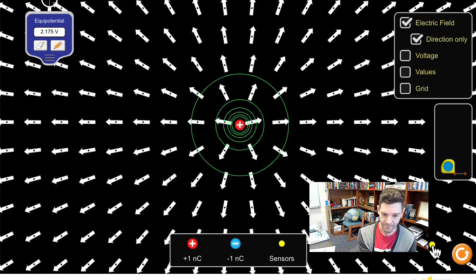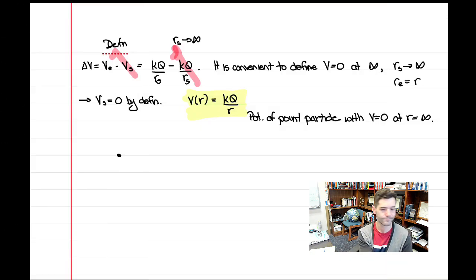If I go against where it wants to go, that will increase its potential energy. But you could ask yourself, for a delta V of 10 volts, how much does the kinetic energy change for, say, a proton? And notice that the distance over which that work is done becomes squished more and more as you get closer. I guess I don't need to draw that.